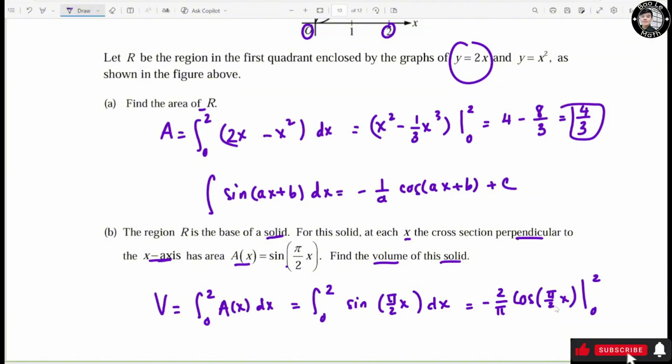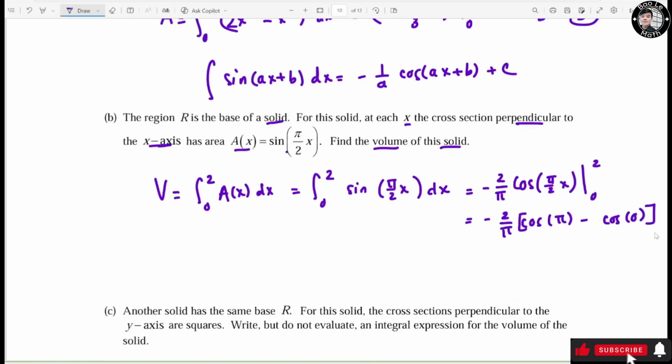So we substitute 2 for x, and it's negative 2 over pi, subtract cosine of 0. Now cosine of pi equals negative 1, so it could be negative 2 over pi times negative 1. Cosine of 0 equals 1, so it could be negative 1. So the answer is 4 over pi.